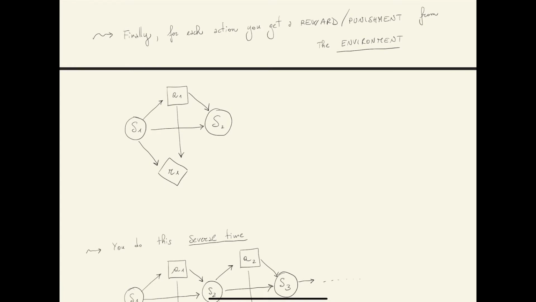So basically, we are in S1, then we look around, we see the world, and we decide that we want to take a certain action, in this case A1.